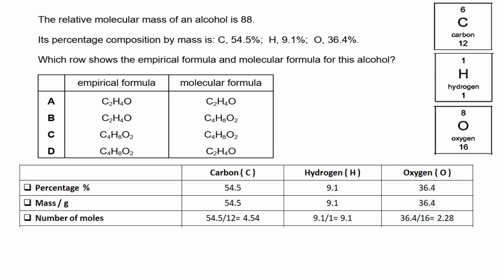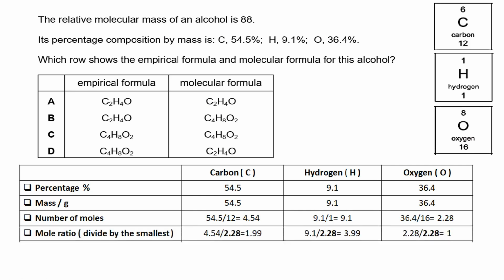Okay, the same procedure carried out on hydrogen. So 9.1 divide 1 equal 9.1. 36.4 divide 16 equal 2.28. Now we obtain three figures of moles of carbon, hydrogen, and oxygen.